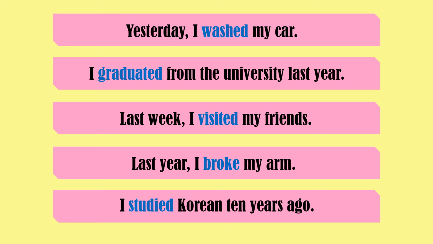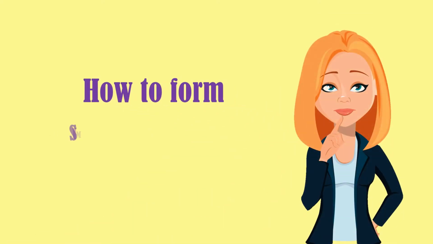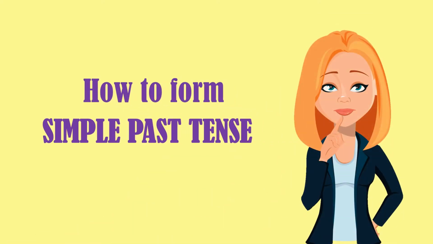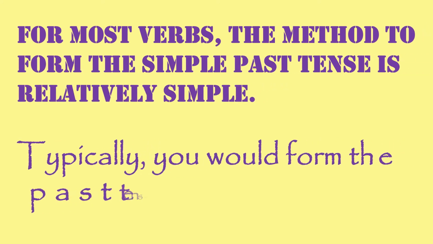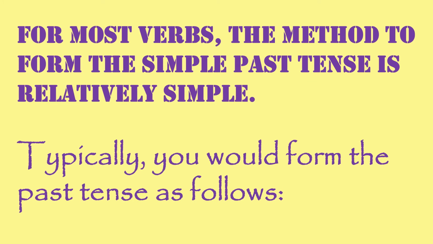All of these things happened in the past. But these sentences also all have one thing in common. They use verbs in the simple past tense. How to form the simple past tense? For most verbs, the method to form the simple past tense is relatively simple.